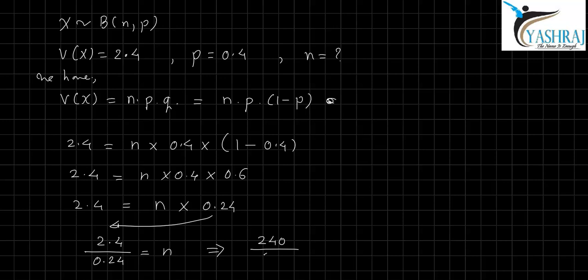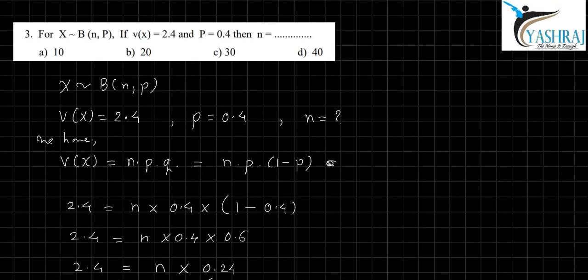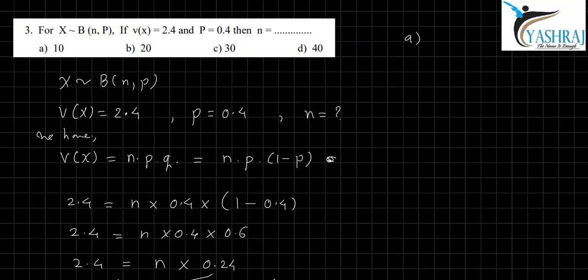We might get 240 divided by 24 equals n. That implies our n value becomes 24 ones are 24, 24 tens are 240. So n value we might have 10. That should be our choice code A as 10.